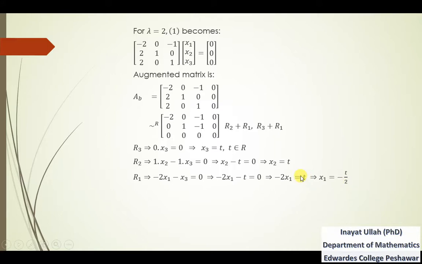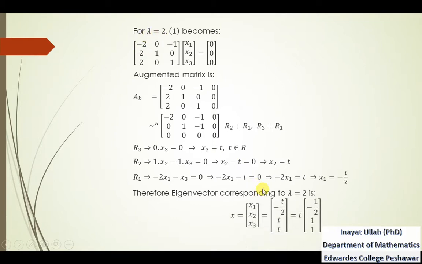So that is x1, that is x2, that is x3. So the eigenvector corresponding to lambda equal to 2 is x1, x2, x3, but x1 is minus t by 2, x2 is t, and x3 is t, taking t common from these three to get the eigenvector.